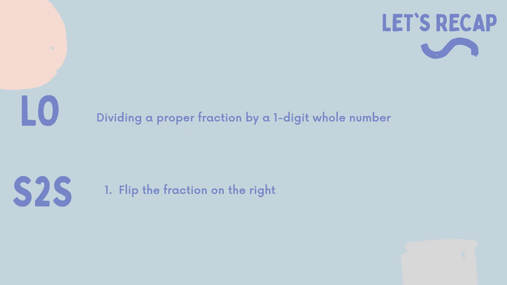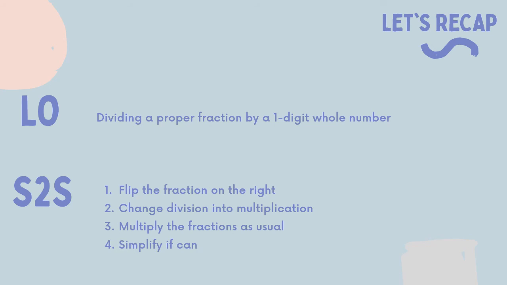Then you can flip the fraction on the right. The denominator becomes the numerator, numerator becomes denominator. Step 2, change division into multiplication. Step 3, multiply the fractions as usual. Numerator times numerator, denominator times denominator. Step 4, simplify if can.